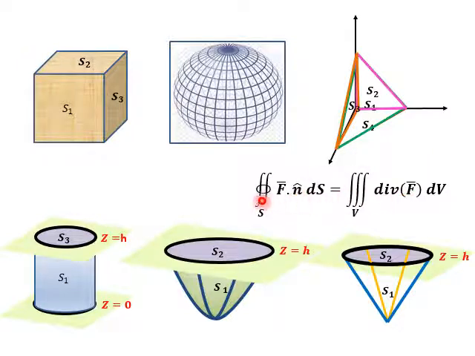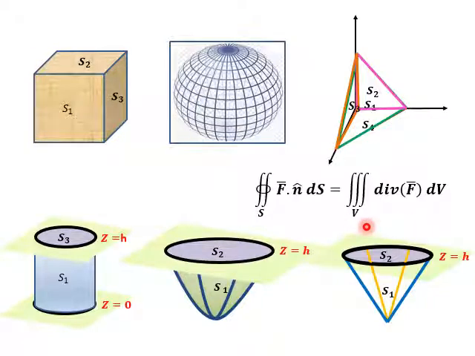Once again, divergence theorem states that integrating over the closed surface f bar dot n cap dS is equal to the triple integral over the volume enclosed by the closed surface of divergence of f bar dV. If a vector field f bar is taken as the flow of a fluid, that is, if f bar is a velocity field, then the divergence of f bar represents the expansion or compression of the fluid.